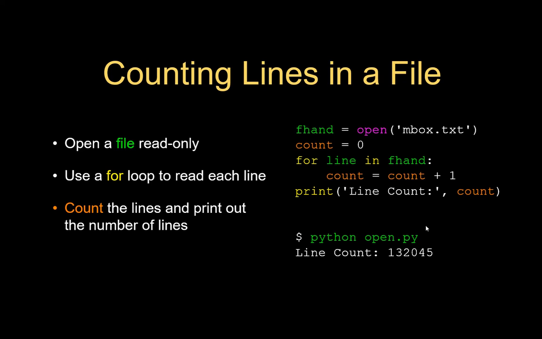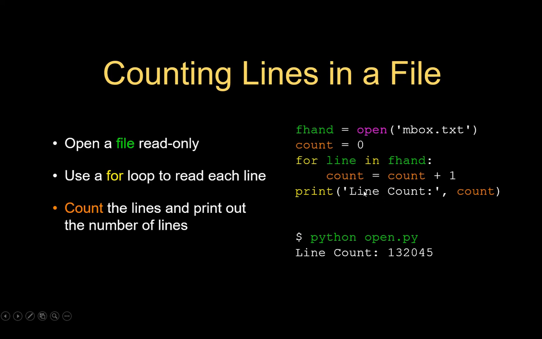We can add a count variable to our previous example, and in this case we say that for line in fhand, which means for each line in this fhand variable, for each iteration of that, we will add 1 to the variable count.